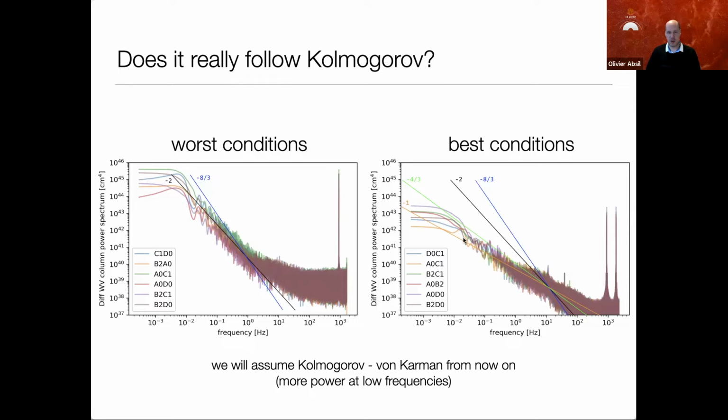But in the best conditions, which are the ones that lead to this 1 to 2 10^-19 centimeter per centimeter square differential water vapor condensity, it's more like -1 to -4/3, which is not what we expect from Kolmogorov. So we still have to understand this a bit better to see whether this is the norm and what are the consequences on the rest of the things that I will show, because for today, I will assume that the fluctuations are following Kolmogorov-von Karman statistics.